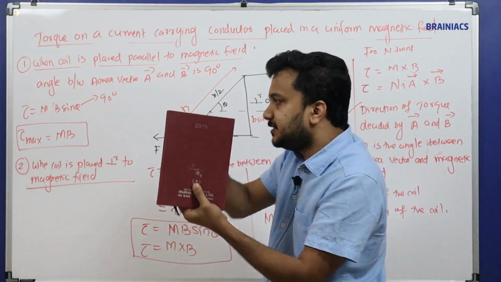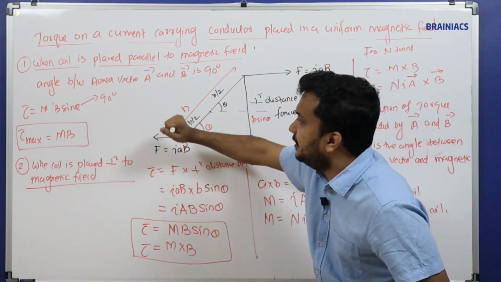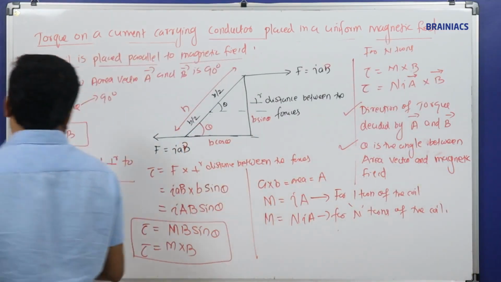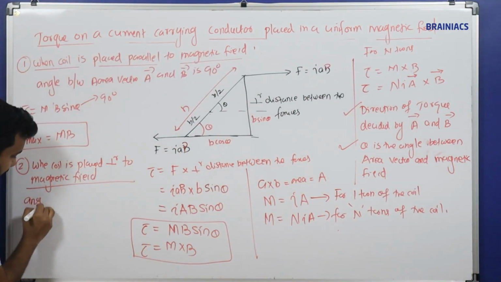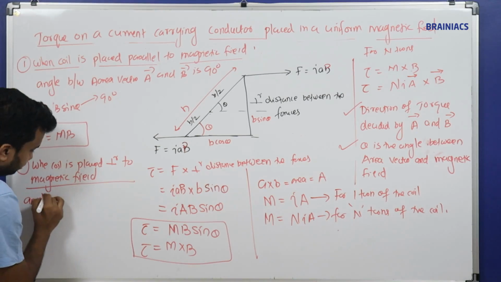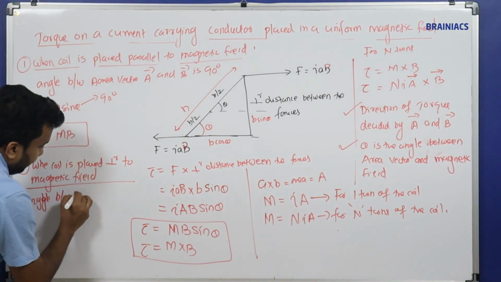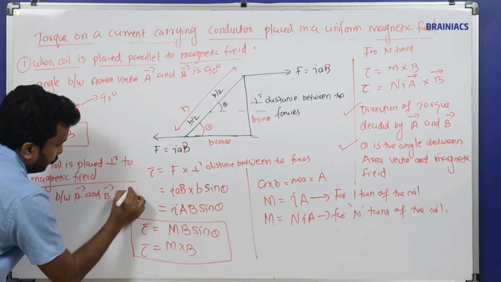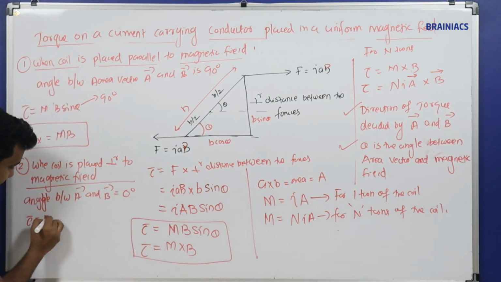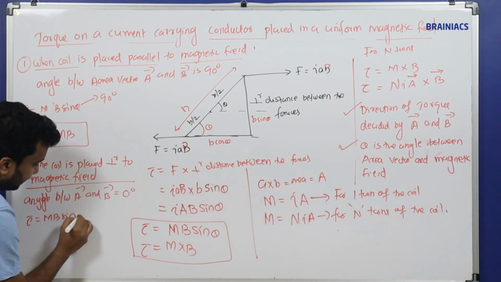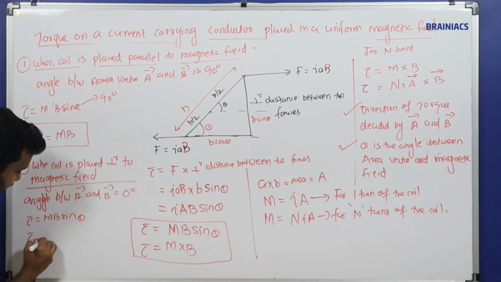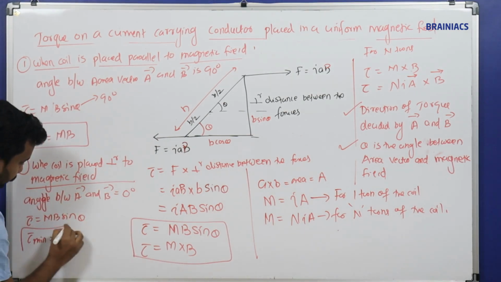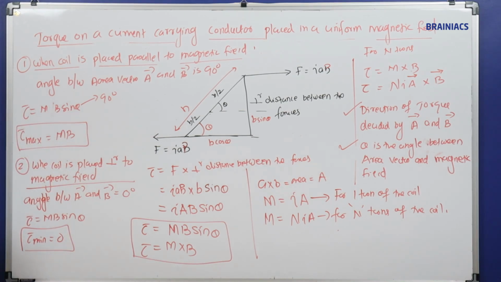So angle between vector A and vector B is equal to 0 degree. Torque is equal to MB sin 0. Torque is minimum, which is equal to 0. So torque may be maximum or 0 in two different cases.